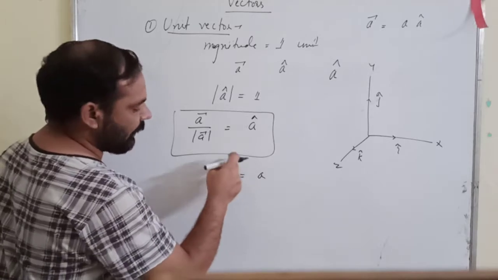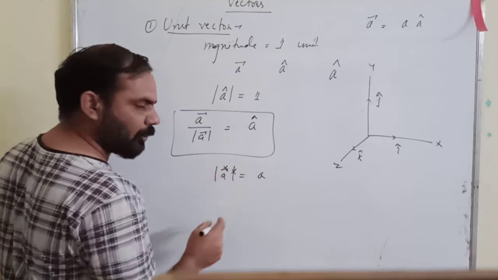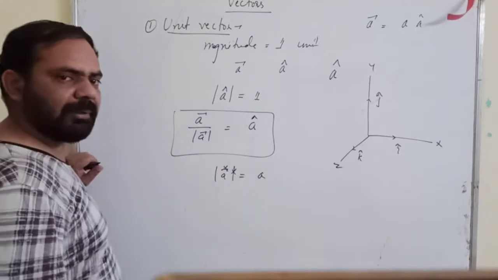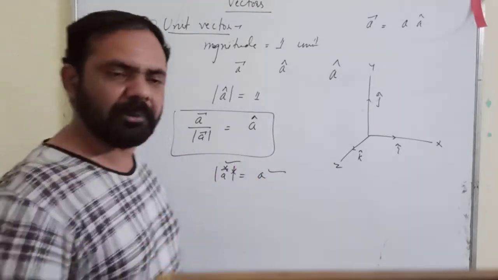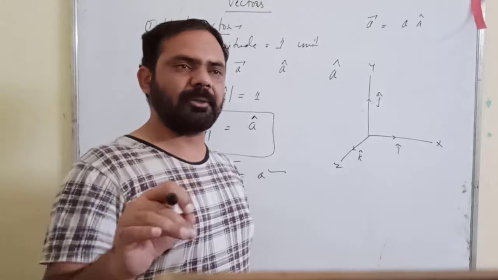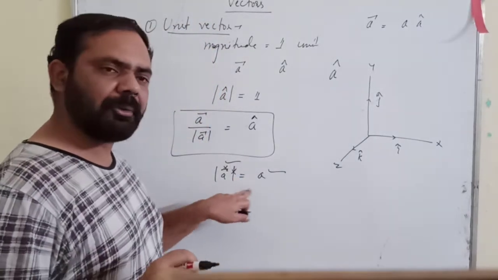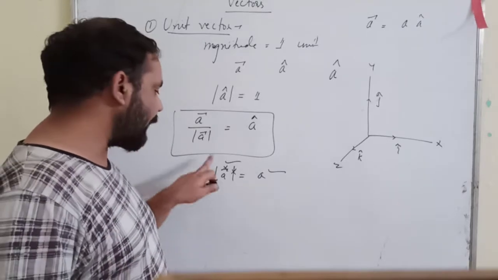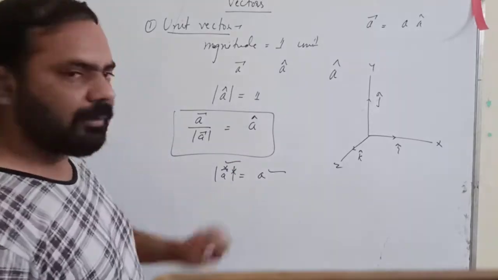Or you don't put the arrow mark and simply write A. It also means the magnitude of A. Both are correct notations for the magnitude of vector A, so you can write simply A, or you can write the vector within two bars.